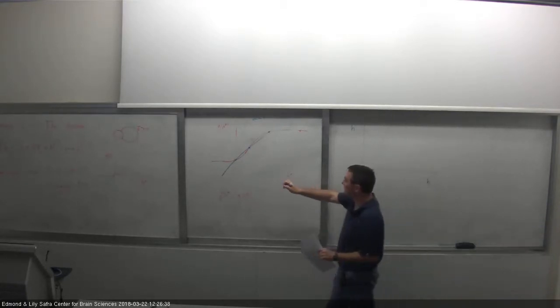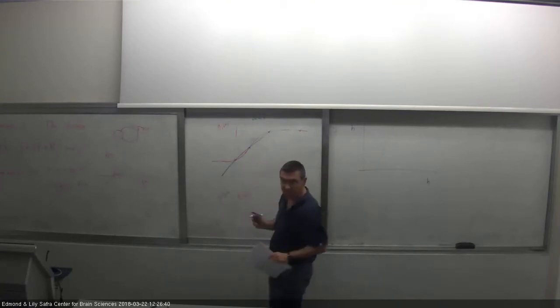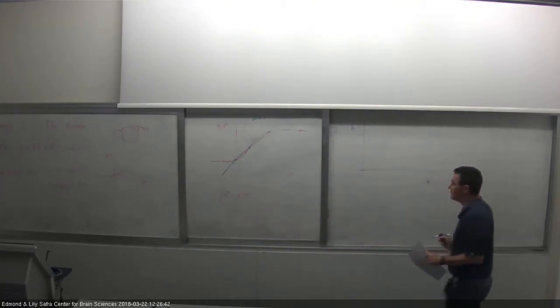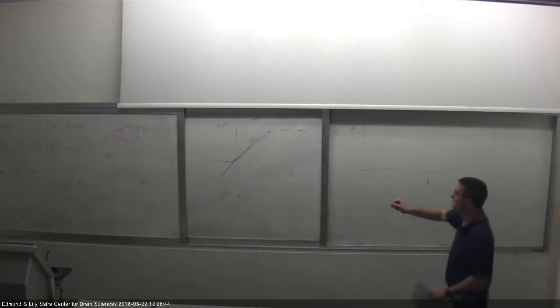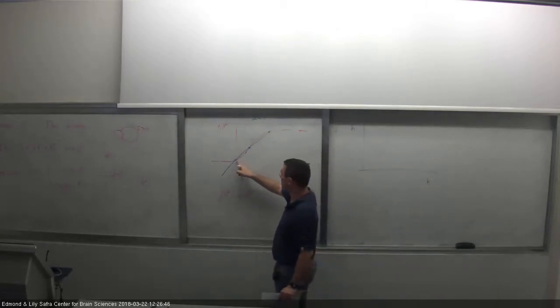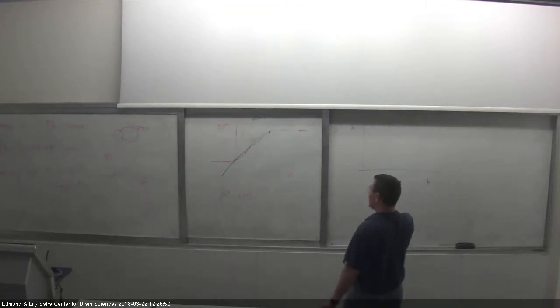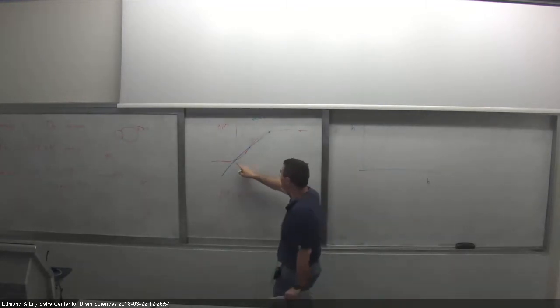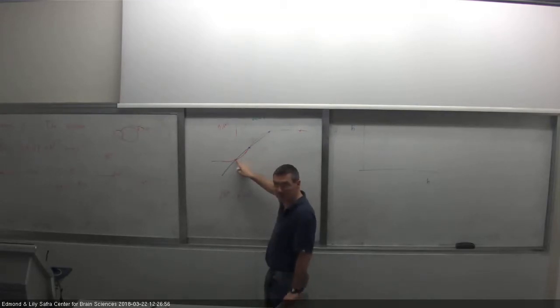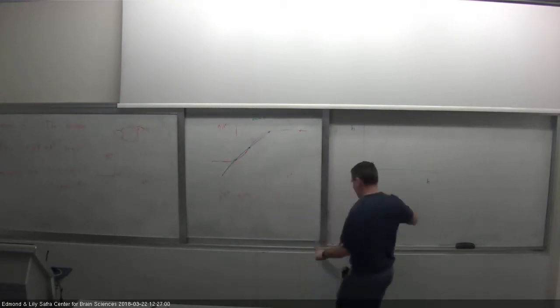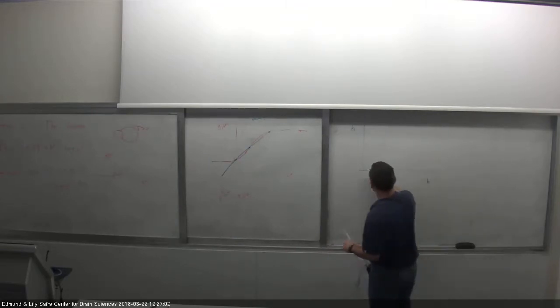So what can we say about the case where we have this fixed point below? Consider a case where we have just one fixed point here. So we know that at the fixed point, that's the value of the fixed point.